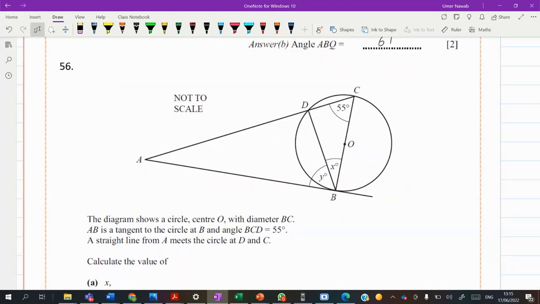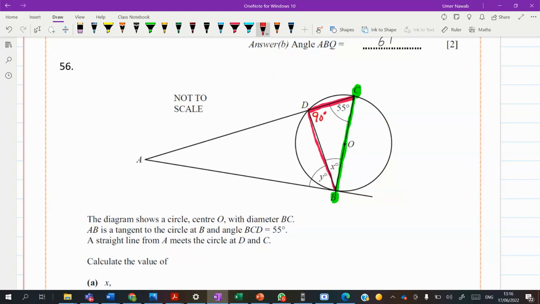In question number 56, the things which you need to see, number one, the diameter, guys. What I said in my last question, if the endpoints of the diameter are joined anywhere on the circumference, you always get 90 degrees. So this is 90.